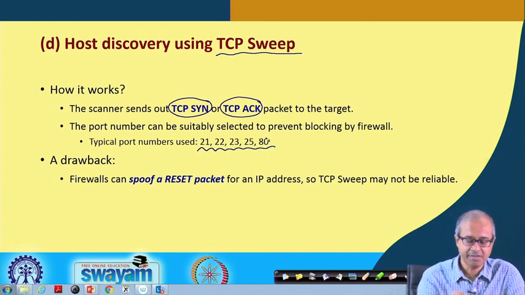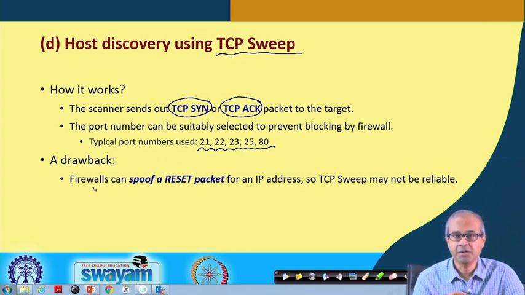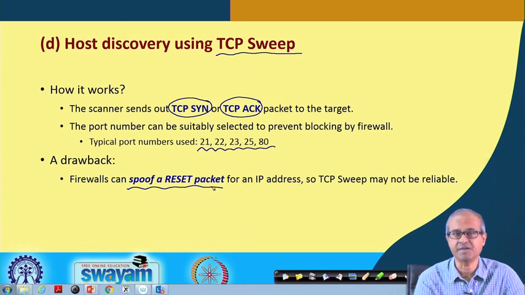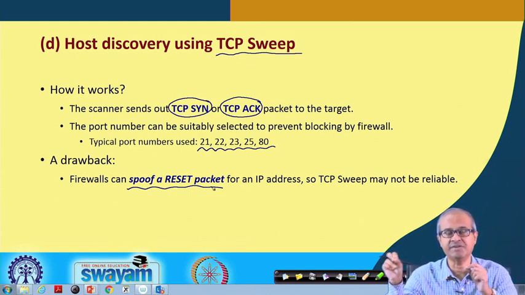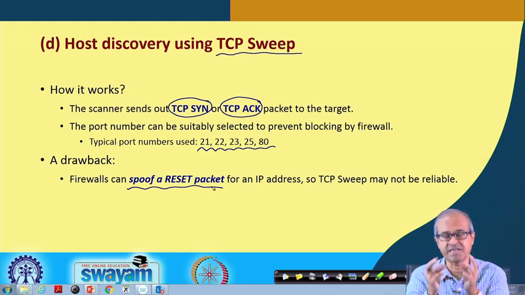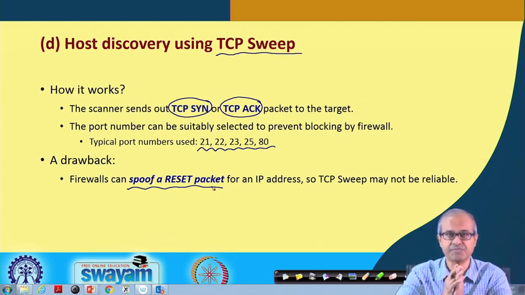But the drawback is that firewalls can again block this kind of thing. That means it can change the IP address, or spoof a reset packet for an IP address. For some particular IP address, if you send a connection request, the firewall can reset the connection, because I can set my firewall in such a way that I will not allow any incoming request to some particular host.